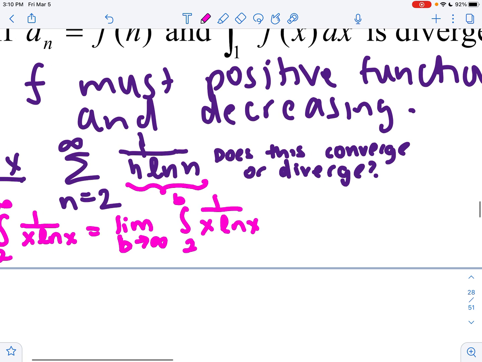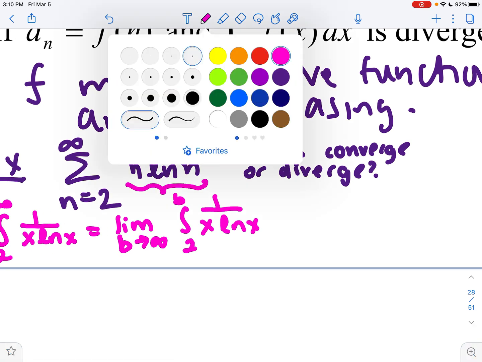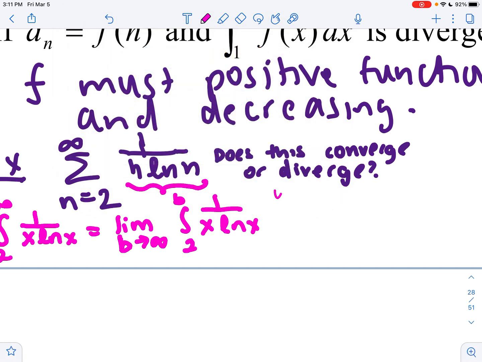As we try to integrate this, we notice that u substitution would work here. So let u be equal to ln of x. And I forgot the dx here. We've got du equal to 1 over x dx. So if I replace the 1 over x dx with du, I'm really integrating the limit as b approaches infinity from 2 to b of 1 over u du.